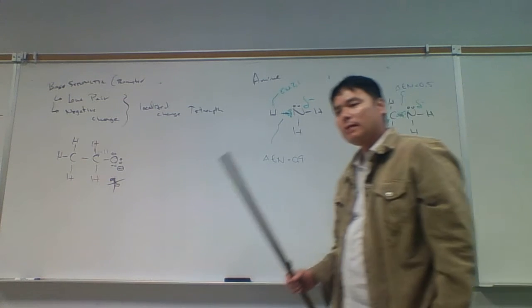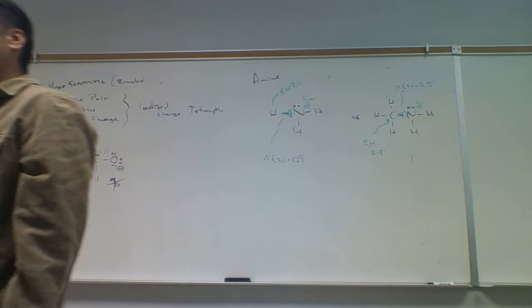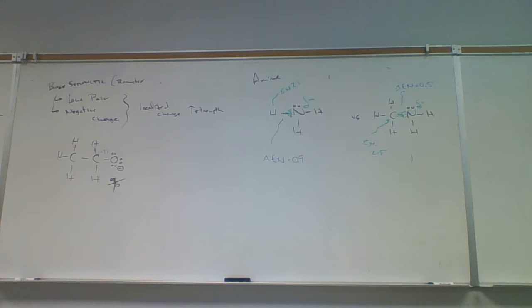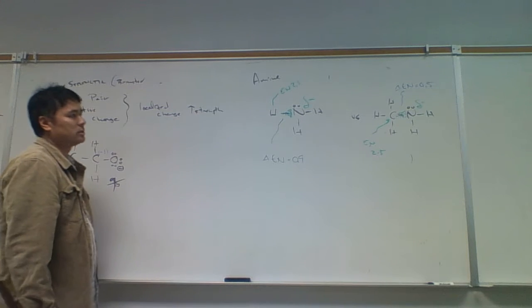The way we think about this is in terms of electron rich, or electron donating, or electron pushing, versus electron poor, that is electron withdrawing, electron deficient, or taking electron density.